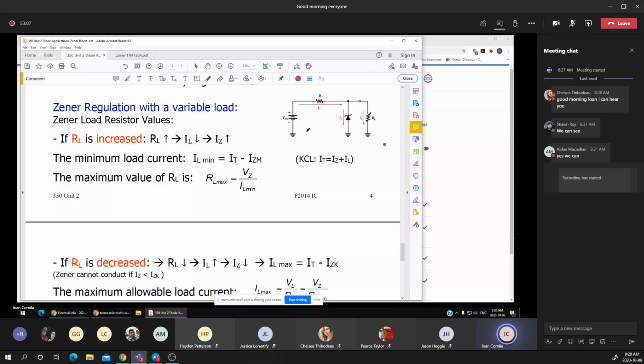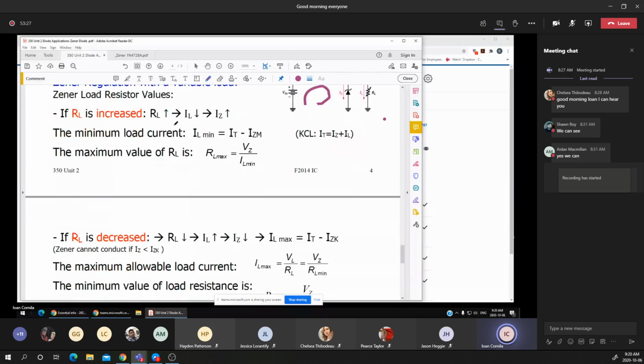I mentioned that in this closed loop, and on top of that, I'm applying the KCL in this node. You notice that the IT, which has to stay constant, is the sum of the two currents, the IZ and the IL.